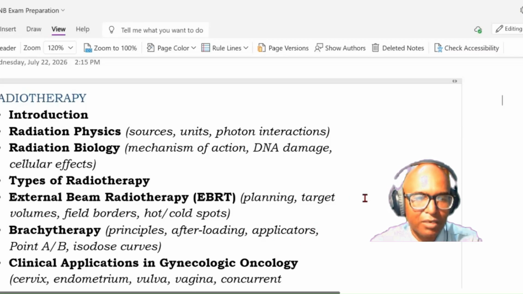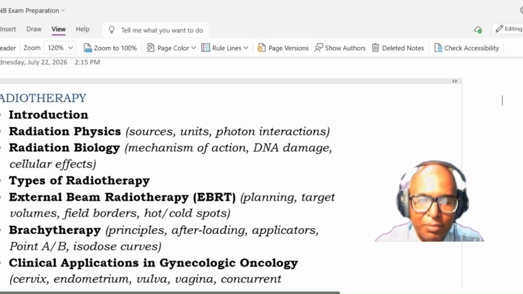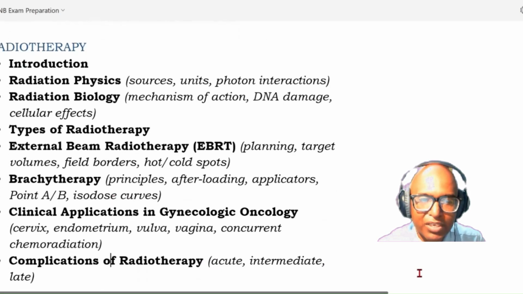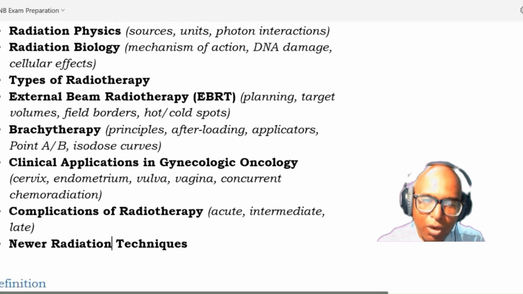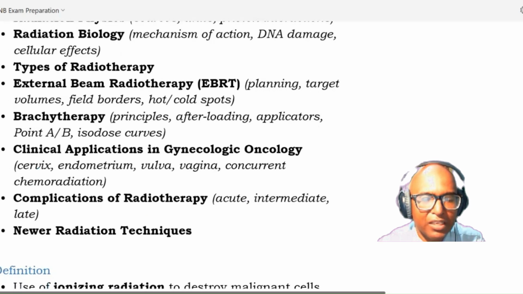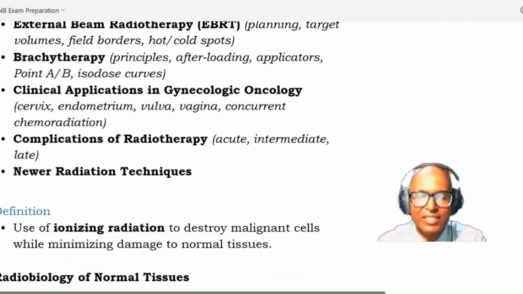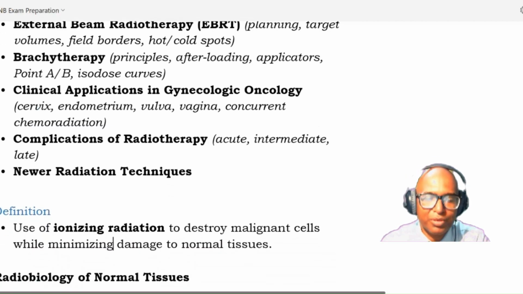Then types of radiotherapy, in which you will mention the EBRT, external beam radiotherapy, and brachytherapy. Clinical applications in gynecological oncology we are going to mention. Complications of radiotherapy, and you need to mention certain newer techniques like IMRT, that is intensity modulated radiotherapy, and all that. Okay, so let's see what exactly we are going to write here.